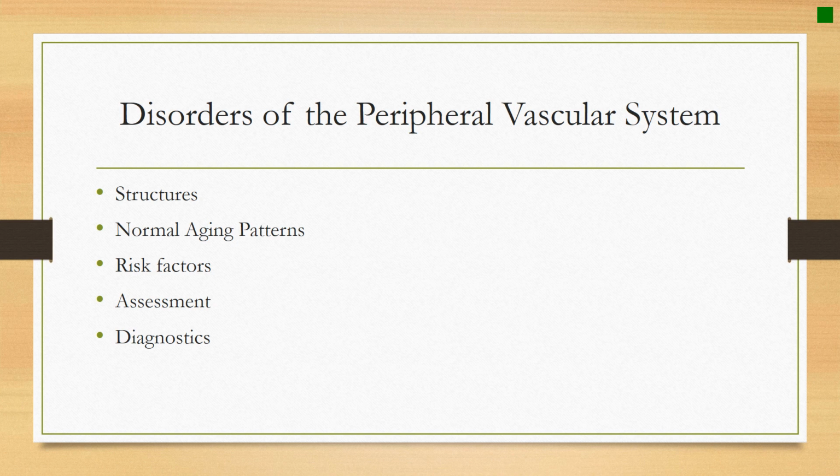With DVT or deep vein thrombosis, some risk factors would be damage to the vessel, and clotting disorders like sickle cell anemia and polycythemia vera. With venous stasis, one could have bed rest, immobility, sedentary lifestyle, dehydration, cancer, and obesity could be culprits with venous stasis as well.